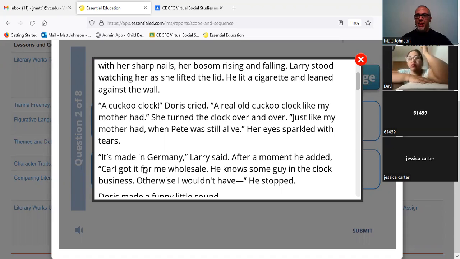They're either screaming or it's a big emphasis. So we get a cuckoo clock, and they say Doris cried, "A real old cuckoo clock like my mother had!" She turned the clock over and over, examining it and looking at the details, just like my mother had. So right away, and that last line, her eyes sparkled with tears.